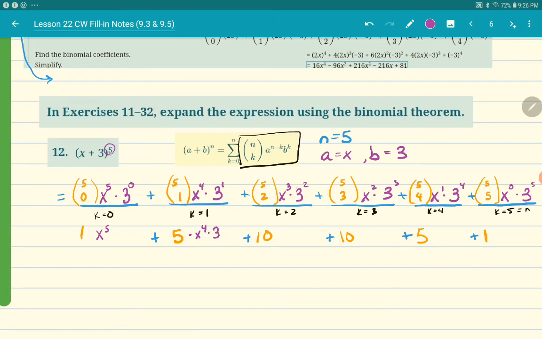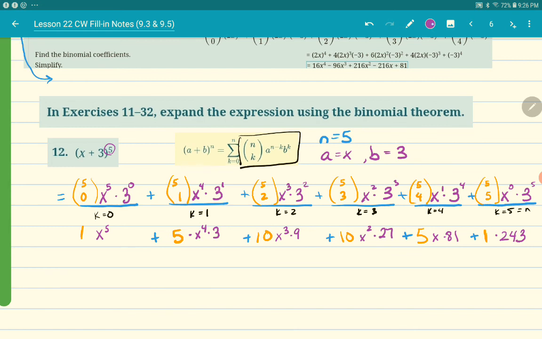And then I have x cubed times 3 squared, which is 9. And then I have x squared times 3 cubed, which is 27. And x to the first power is just x, and 3 to the 4th power is 81. And x to the 0 is 1, so I don't have to write that. And then 3 to the 5th power is 243.